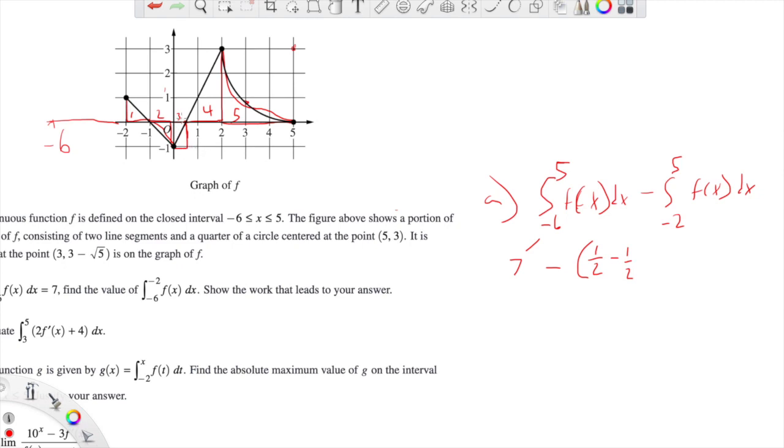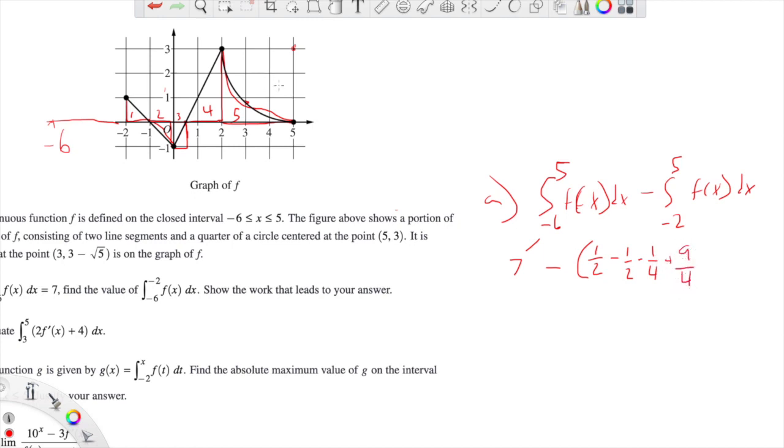Or you can see that the base here is a half, so it's a half times 1 over 2, which is a fourth, so minus a fourth. And then this triangle is going to be 1.5 times 3, which is 4.5 over 2, or 9 over 4, so plus 9 over 4.